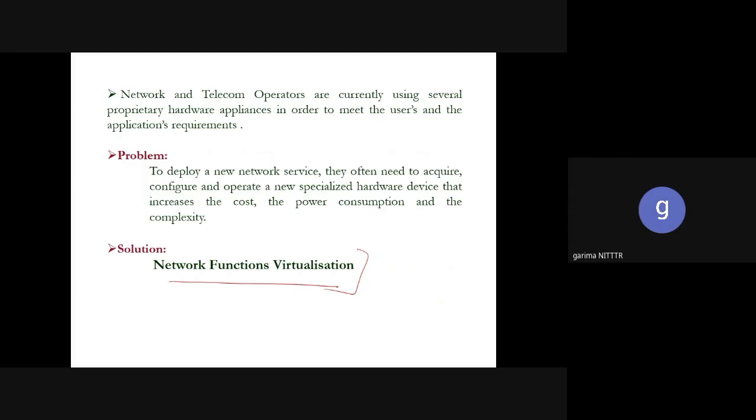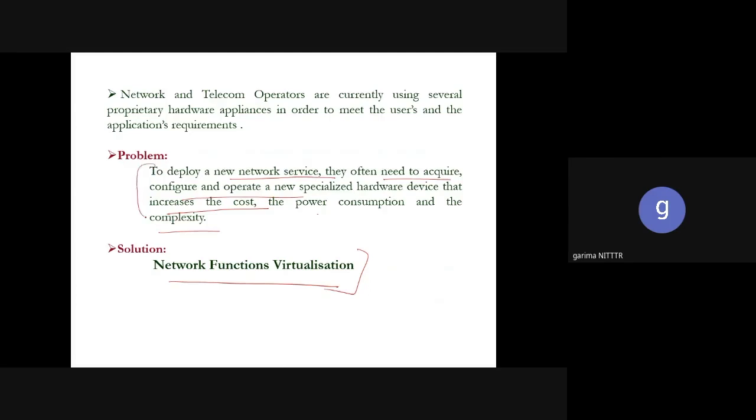So to deploy a new network service, they often need to acquire, configure, and operate new specialized hardware. If 2G was there, they had different hardware architecture. 3G had different hardware. Then for 4G, specialized hardware is needed, and for 5G also. This will obviously increase the cost, power consumption, and complexity.